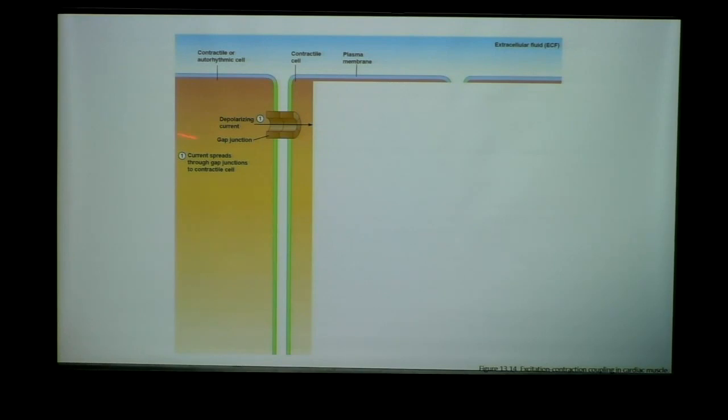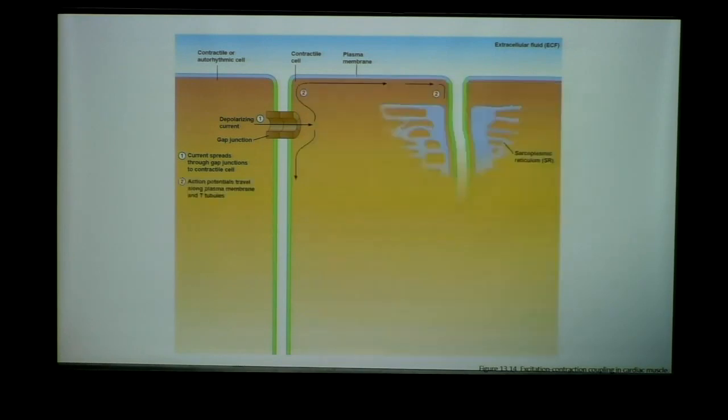And so the current passes through this gap junction that we mentioned and arrives here on our contractile cell. Okay, so we only see this machinery that we're going to talk about on our contractile cells. Now, when the current gets here, the action potential that is, we stimulate the opening of these calcium channels here. Okay, we talked about that, right? We just looked at that, and that allows time for calcium to get into the cell.